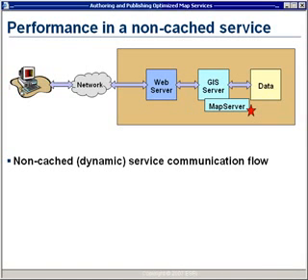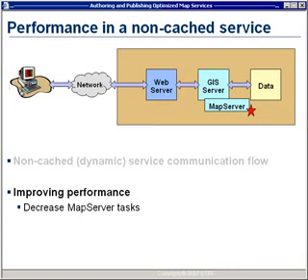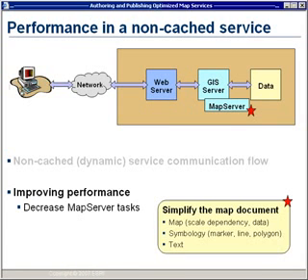In this process, the map server will be accessing the data and putting it all together as specified in the resource map document. One approach to map service optimization is to decrease the number of tasks that the map server needs to do. How can I do this? Well, by simplifying the map document. We will consider this in terms of the map, the symbology, and the text.